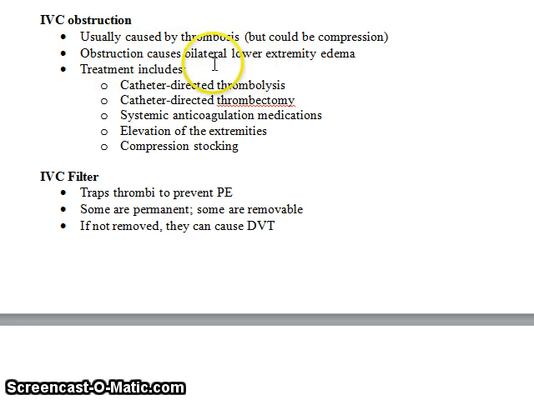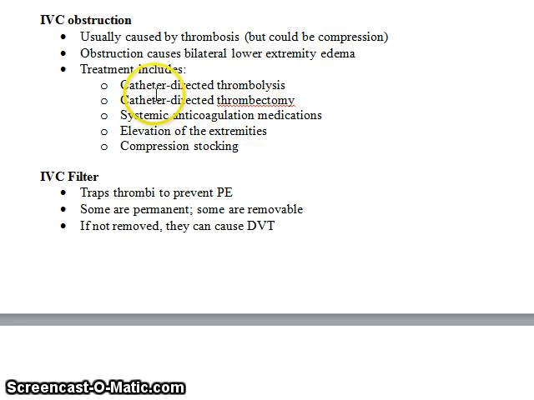the patient presents with bilateral lower extremity edema, and these are the different things that you do to treat it. Thrombolysis, which is using medicine to break up the clot. Thrombectomy, which is mechanical means of breaking up the clot, or actually aspirating it, or literally removing the blood clot.